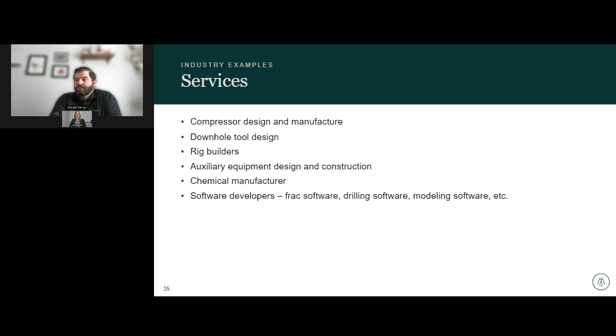We have some clients here at Moss Adams that actually design and produce frac fluids and drilling fluids. And then also software as well. There's a lot of software that goes into drilling rigs, it goes into fracking projects, software developers as well.